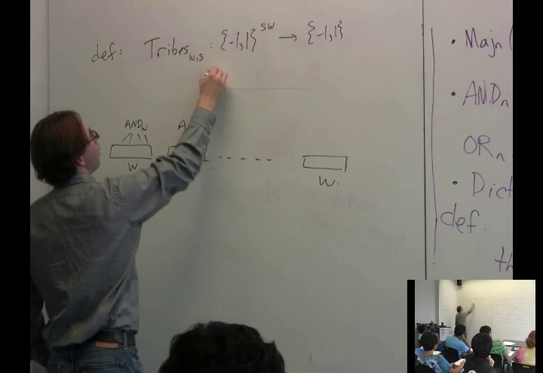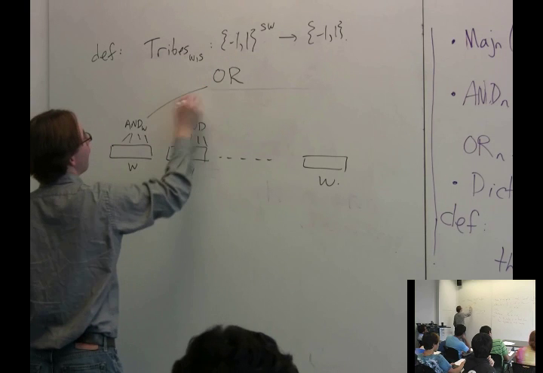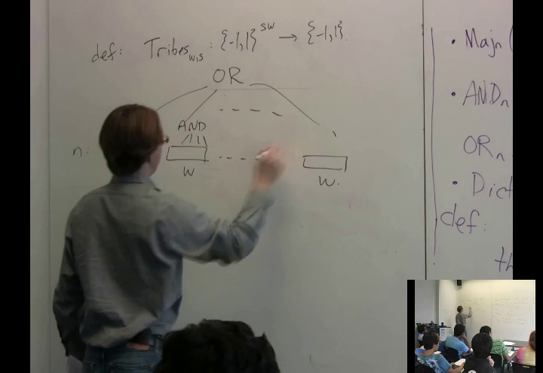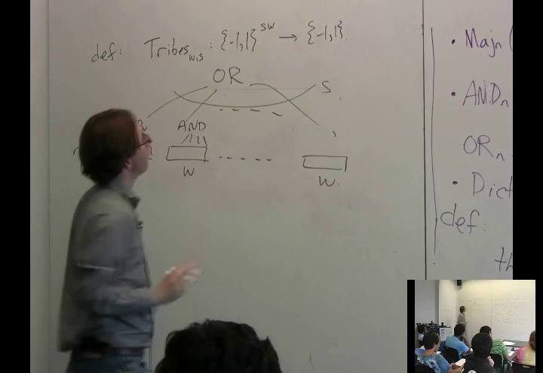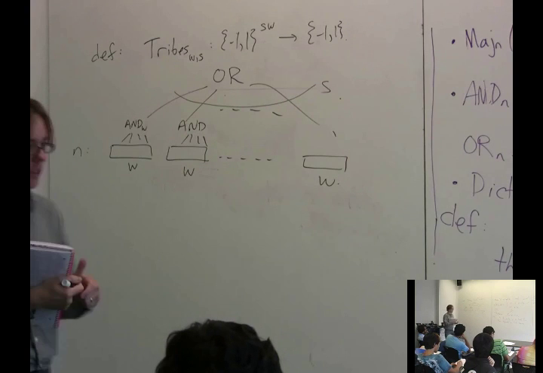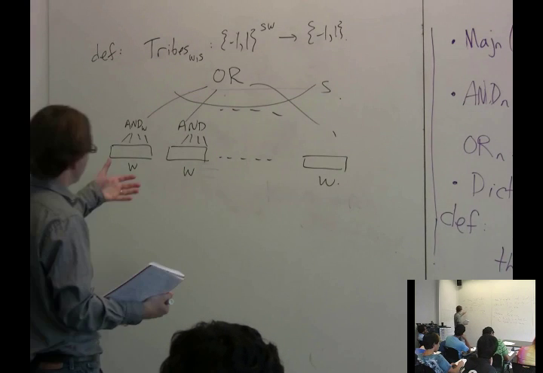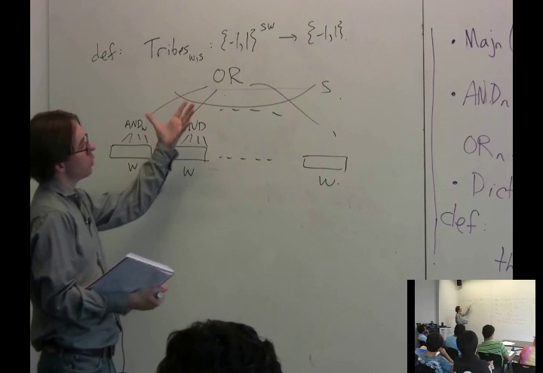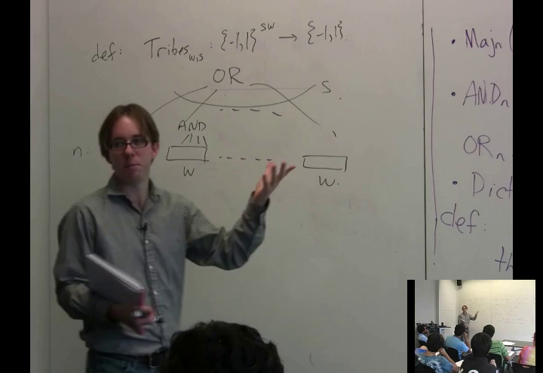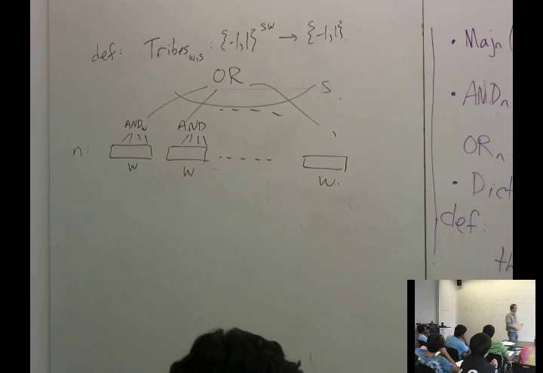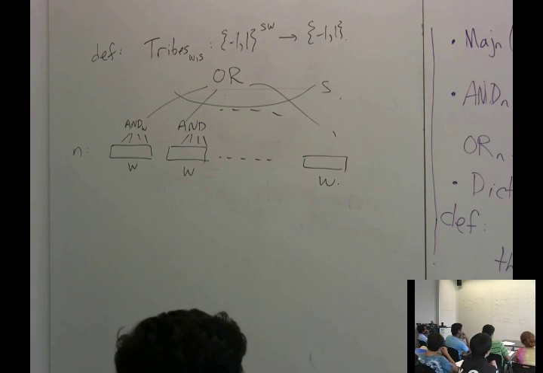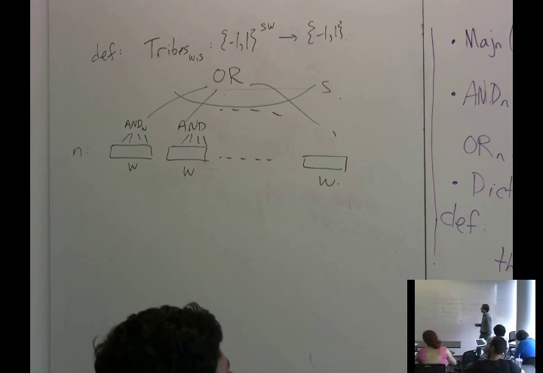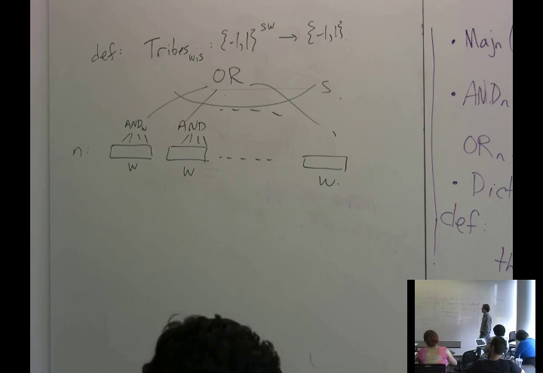And then overall, you take an OR. And there are s blocks. So they call them tribes, each one of these is a tribe, and overall, the outcome is true if at least one tribe is unanimously in favor of true. So I don't know if that would occur in practice, but it'll be an interesting function for us.